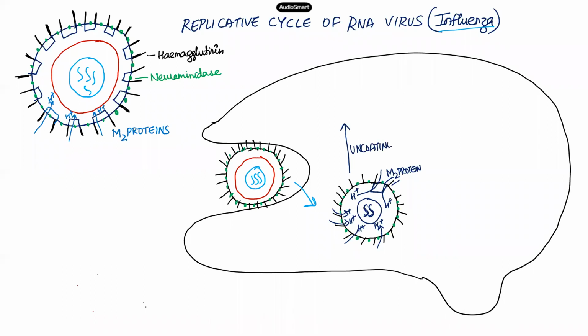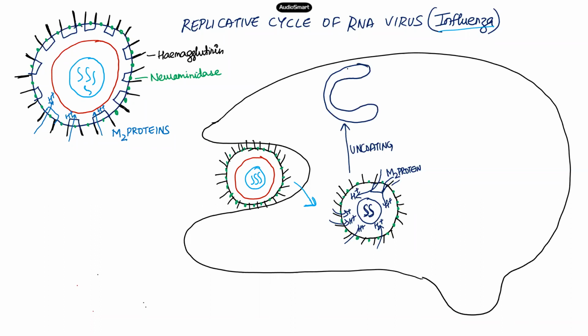Only when the process of uncoating occurs can this genetic material be released into the cytoplasm so that it can be taken into the host cell DNA area. So since now we have opened up the M2 protein ion channels, the protons have come inside, and when they come inside, they will initiate the process of uncoating.